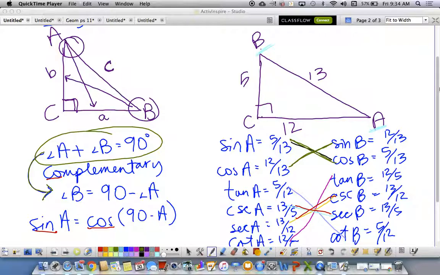And cosine A equaled sine B. Tangent and cotangent. What else? Secant and cosecant are all co-functions.